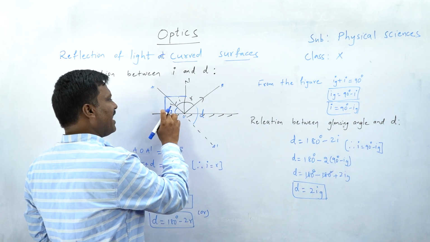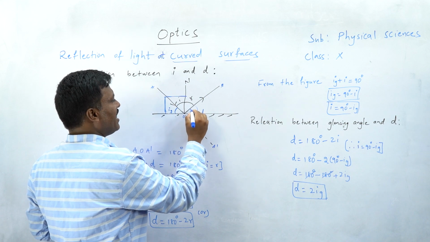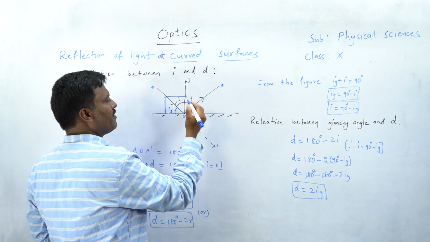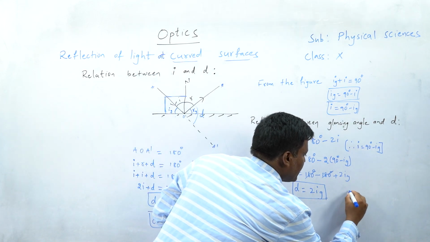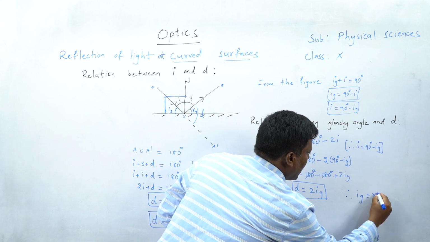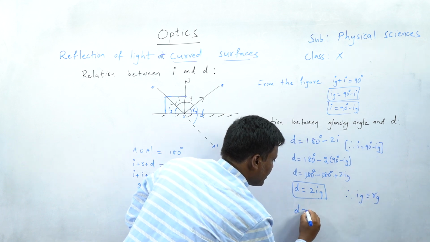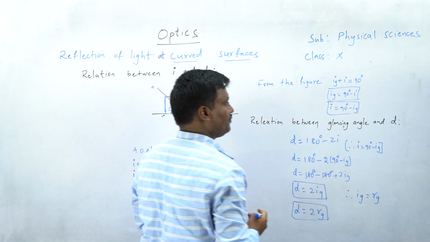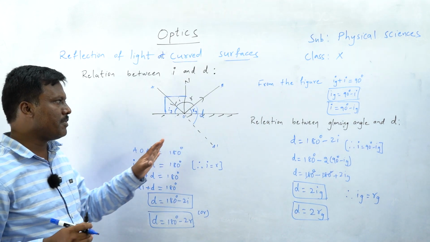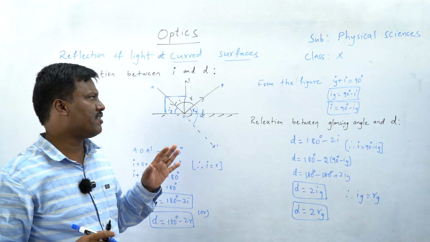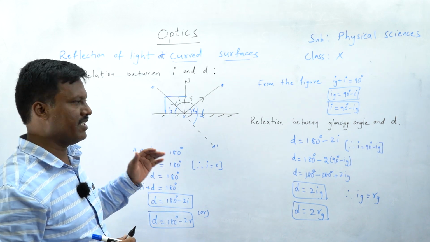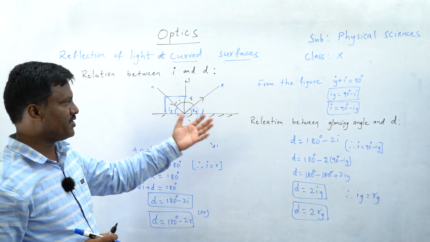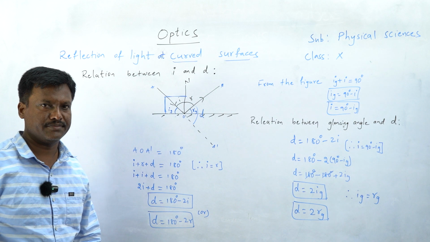And we know very well glancing angle of incidence is equal to glancing angle of reflection also. Since Ig is equal to Rg, we can write D is equal to 2Rg also. Please remember all these formulas. These formulas are very helpful to solve the problems further. Please note down this derivation part.